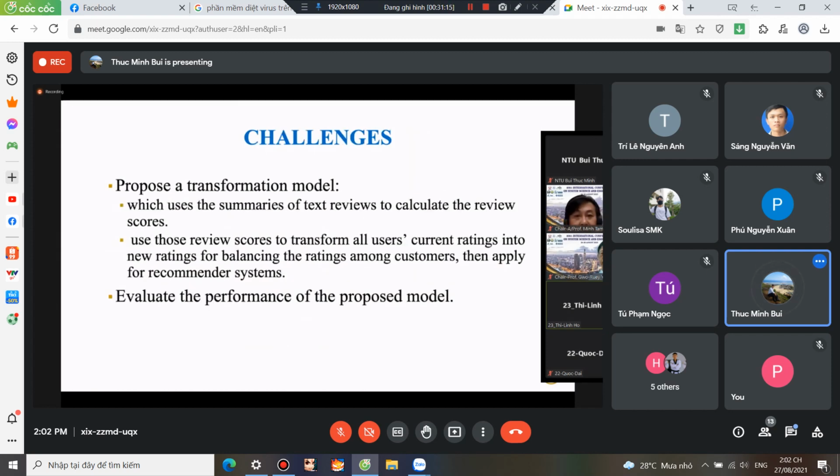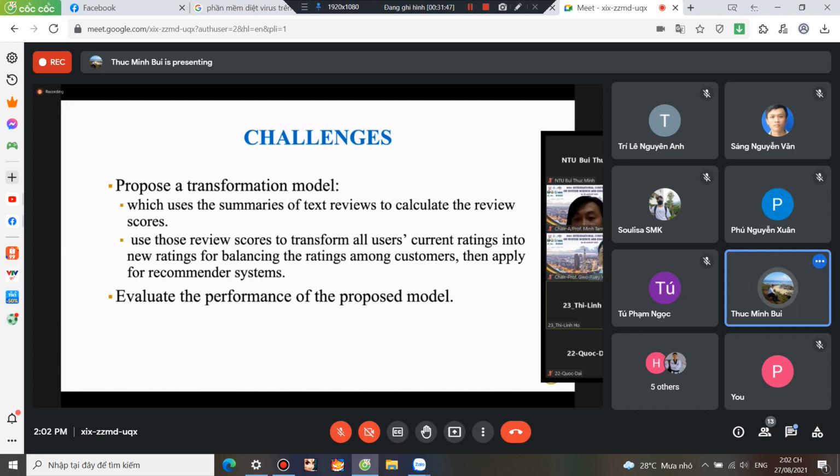The challenges are two. First, we build a transformation model which uses the summaries of the reviews to calculate the review score. We use the review score to transform the users' current ratings into new ratings for balancing the ratings among users, then apply them to recommender systems.